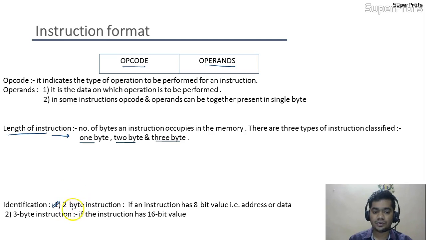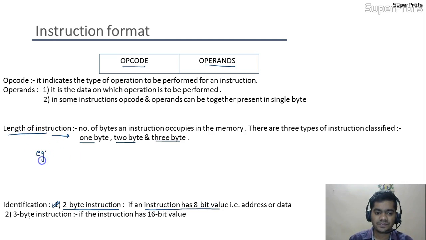To identify a 2 byte instruction: if an instruction has an 8-bit value, which can be either an address or data, it means that it would be a 2 byte instruction.